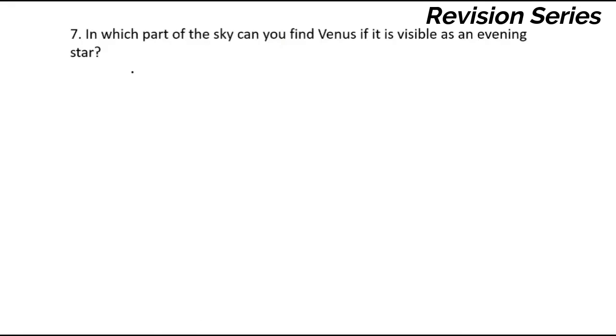Question number 7. In which part of the sky do you find Venus if it is visible as an evening star? Now remember, planet Venus is the second planet from the Sun, right?